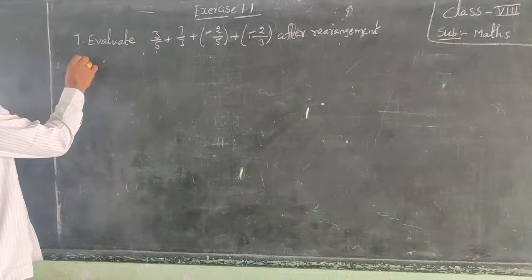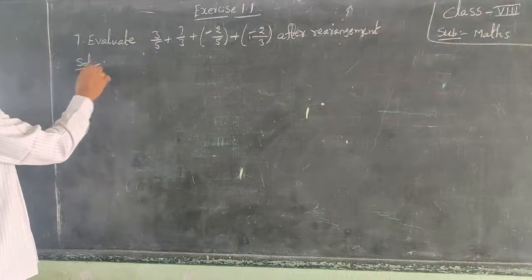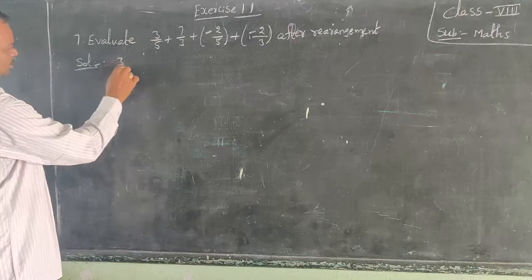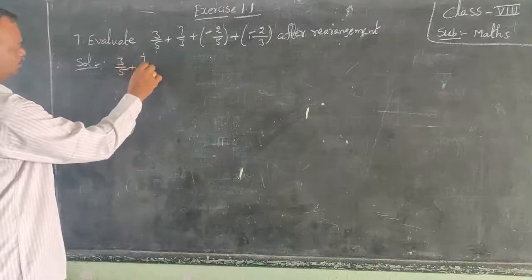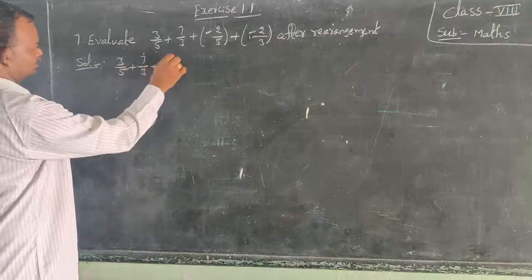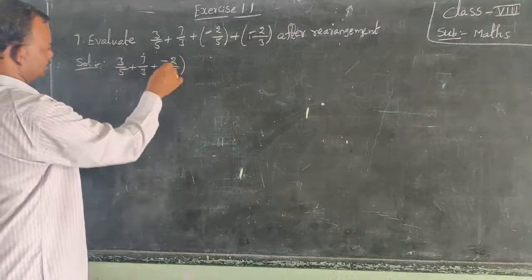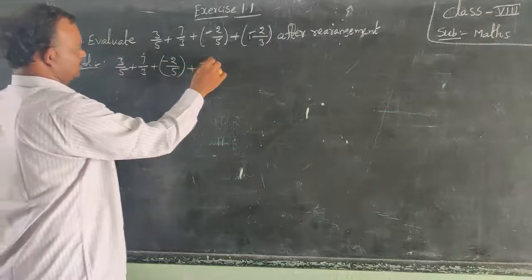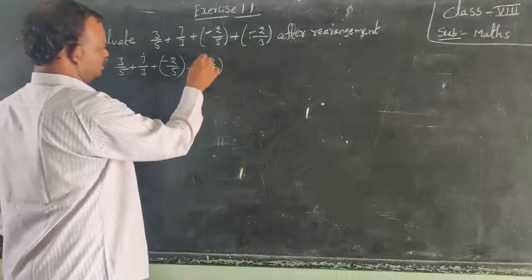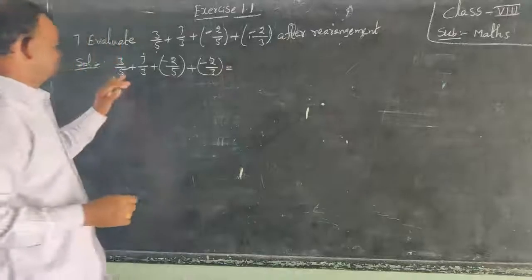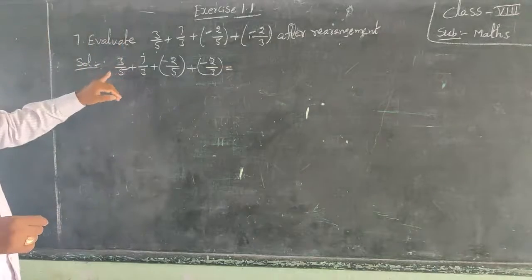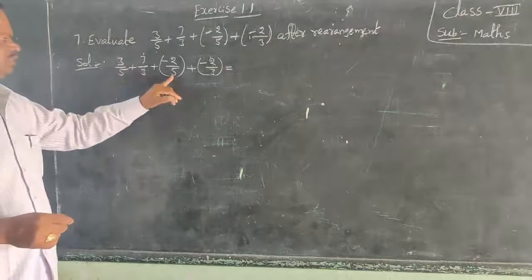First, 3 by 5 plus 7 by 3 plus minus 2 by 5 plus minus 2 by 3. Here see the denominator. Here 5 is there and here 5 is there.